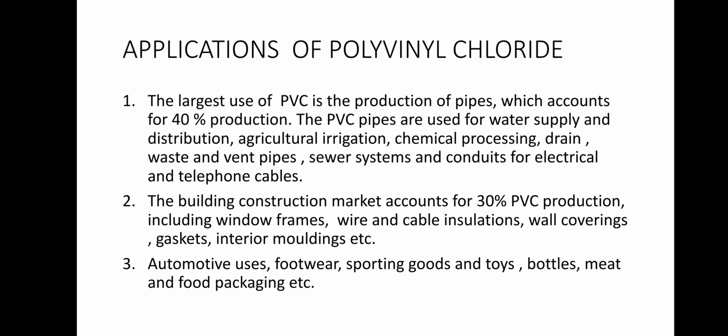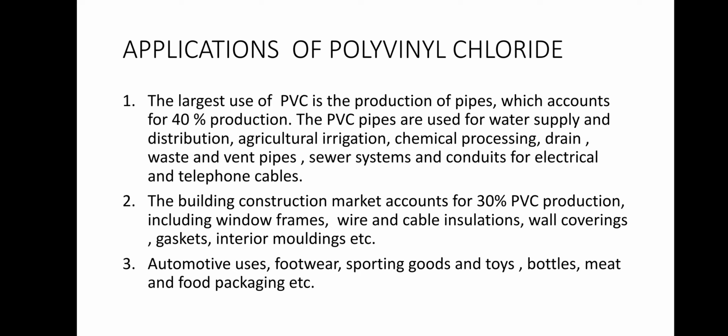Applications of polyvinyl chloride. The largest use of PVC is the production of pipes, which accounts for 40% of production. The PVC pipes are used for water supply and distribution, agricultural irrigation, chemical processing, drain waste, vent pipes, sewer systems, and conduits for electrical and telephone cables.